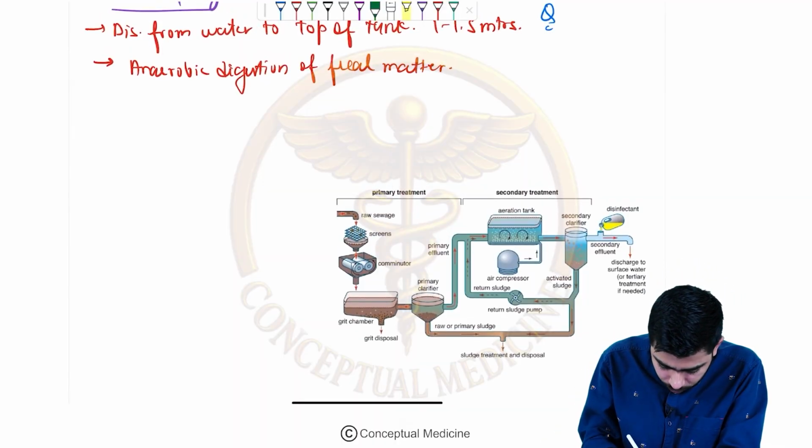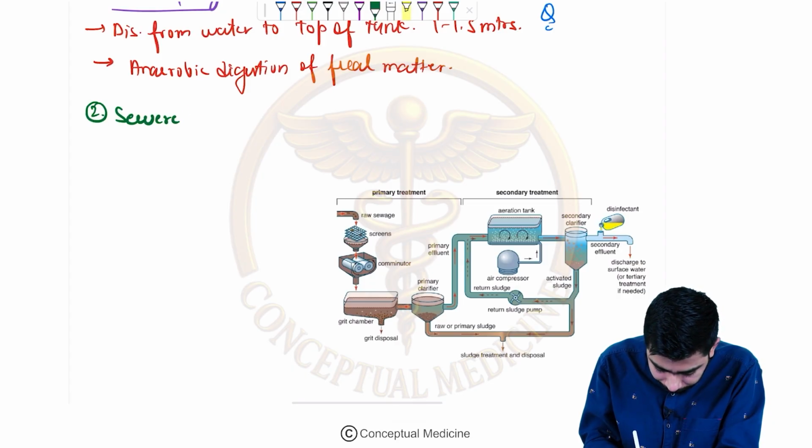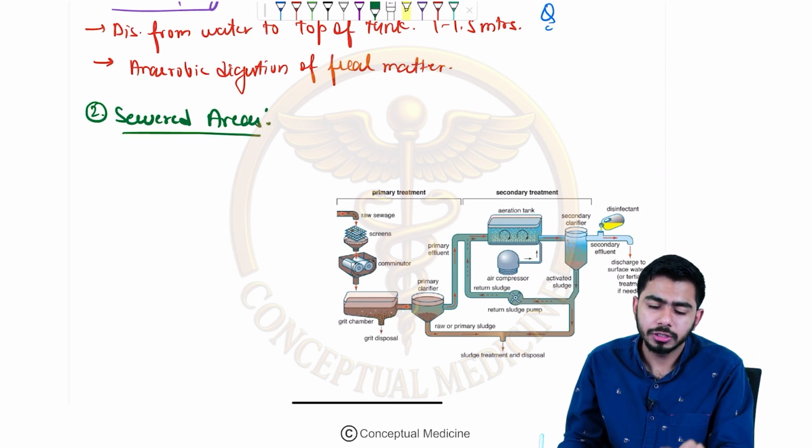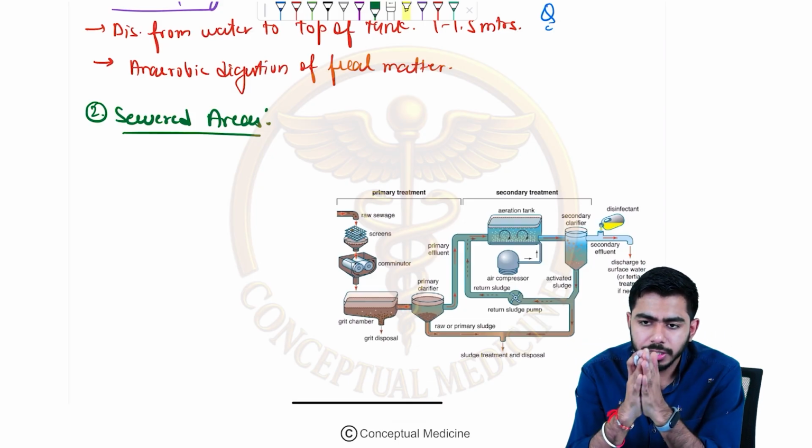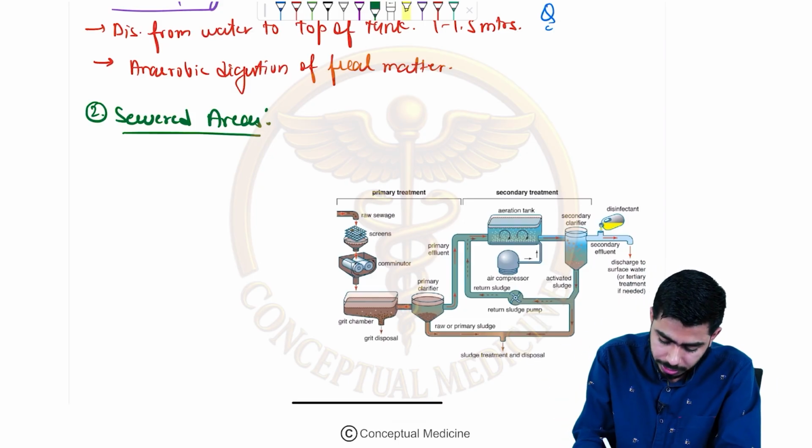So what about the second method, that is the sewered areas? In the sewered areas, basically this is the water carriage system, or we can say that sewage treatment is happening in this particular category.